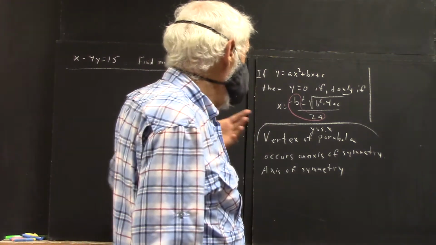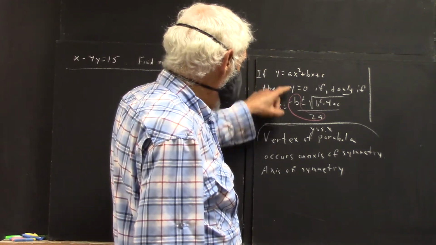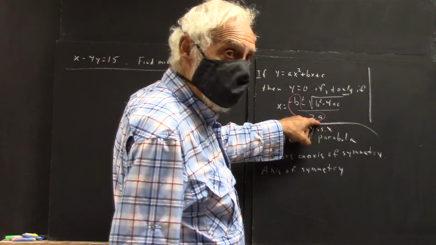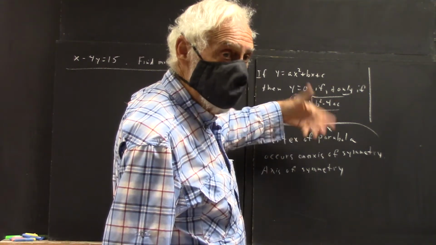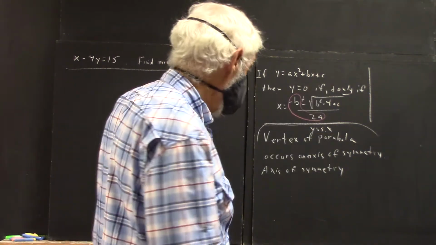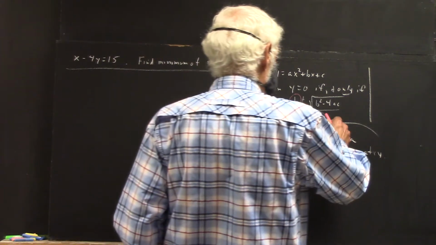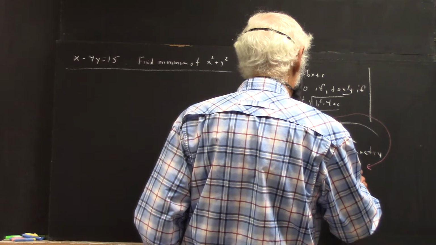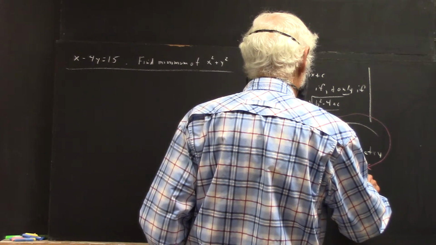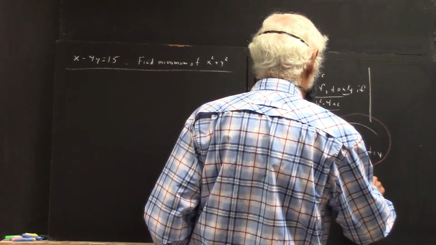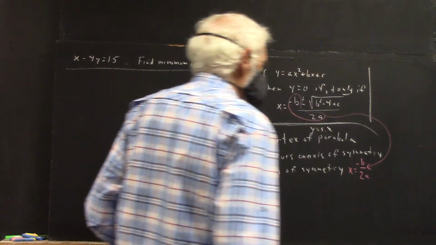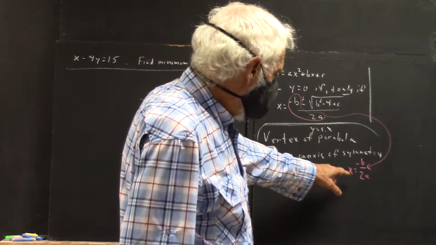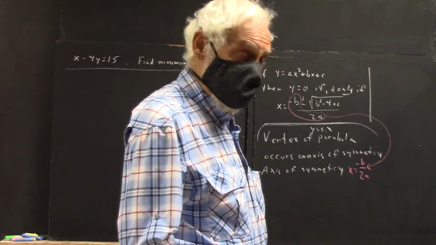And from that idea, negative b over 2a has to be the x value on your axis of symmetry. The axis of symmetry is a vertical line, x equals negative b over 2a.